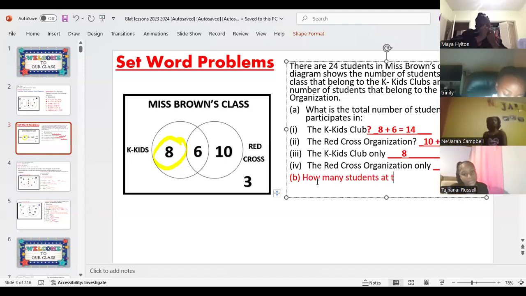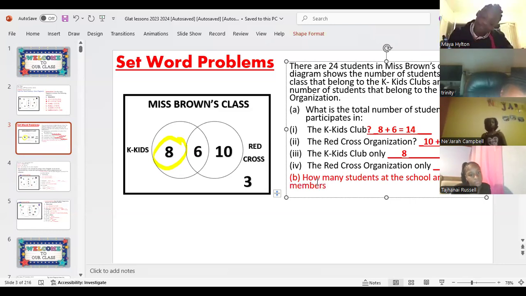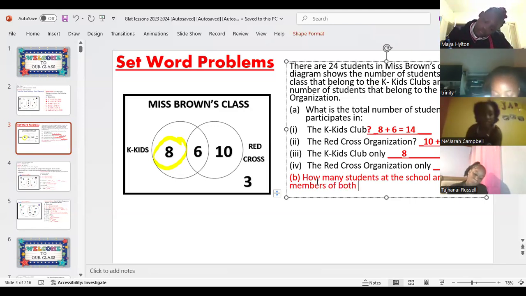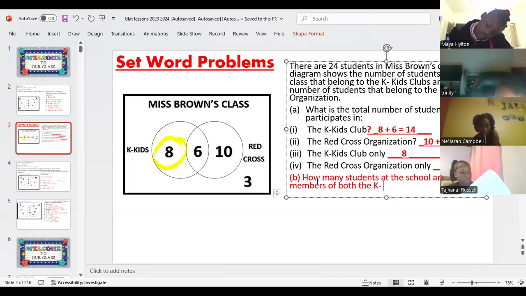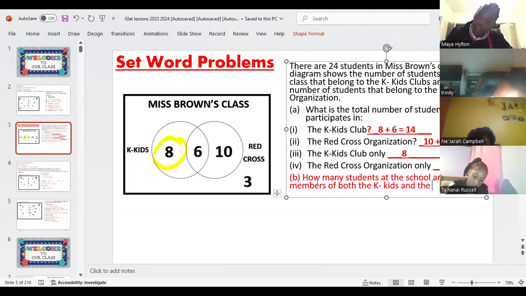How many students at the school are the members of both the K Kids and the Red Cross organizations?